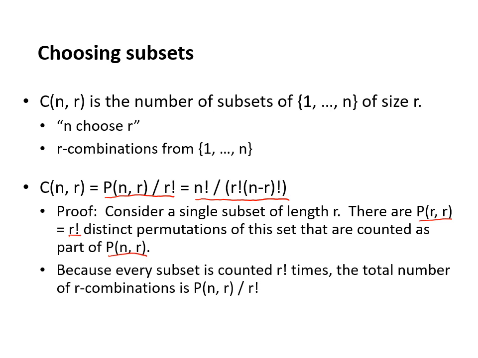Because every subset is counted r factorial times when we are using permutations, we have to divide the total number of permutations, P of n, r, by r factorial to get the number of combinations. So that's how we derive this final expression.